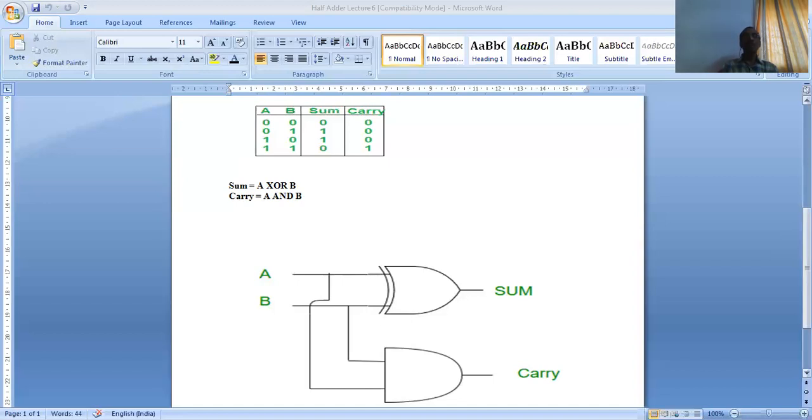This is because 1 multiplied by 0, output 0. Thus, carry is equal to 0. When A equal to 0, B equal to 1, sum equal to 1, carry equal to 0.